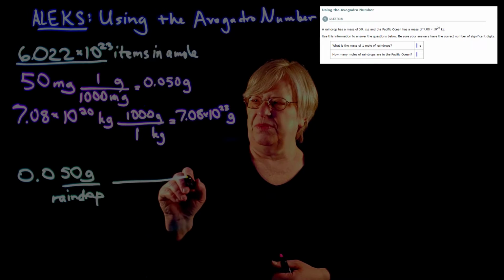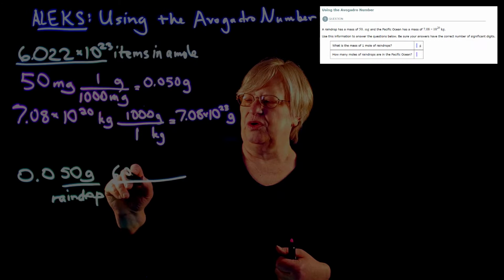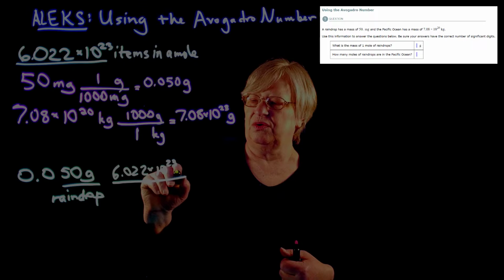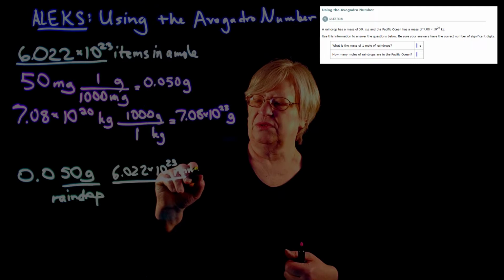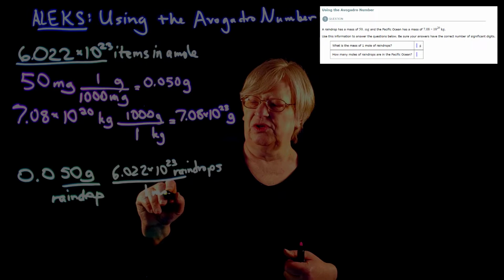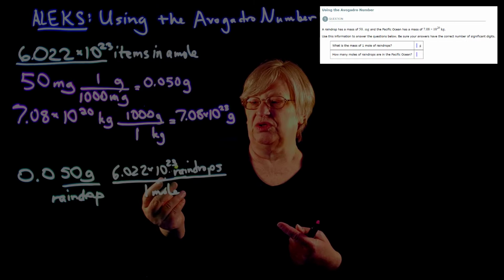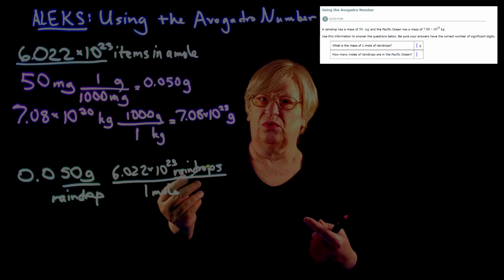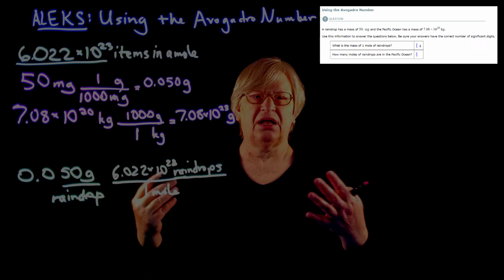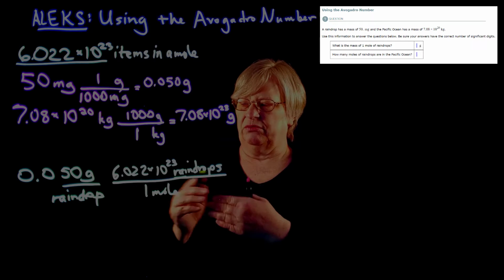And then we know, because of Avogadro's number, that we have 6.022 times 10 to the 23rd raindrops in 1 mole, because there is 6.02 times 10 to the 23rd anything's in a mole. Raindrops, books, atoms, it doesn't matter what. It's always this number of things in a mole, right?